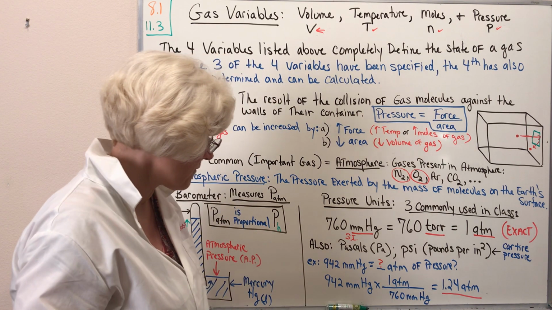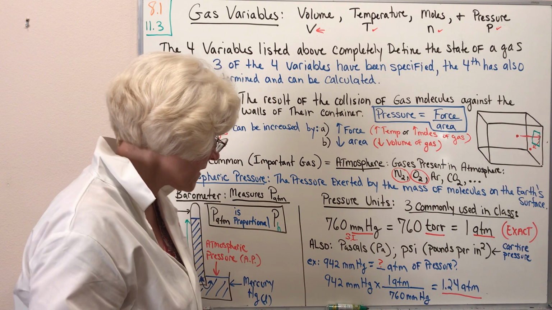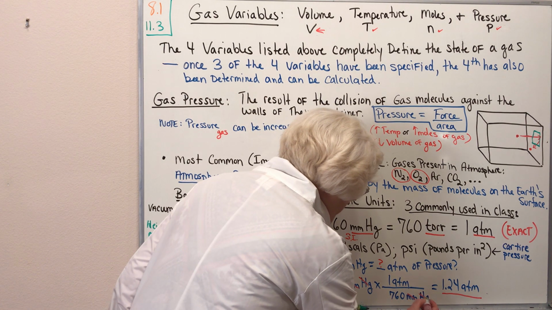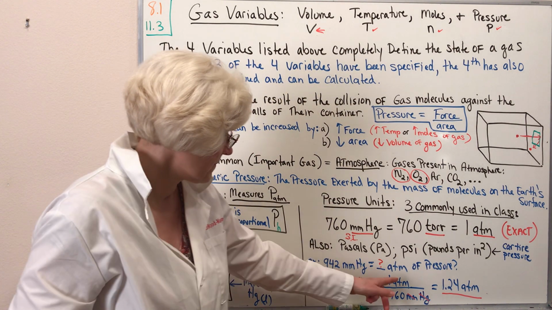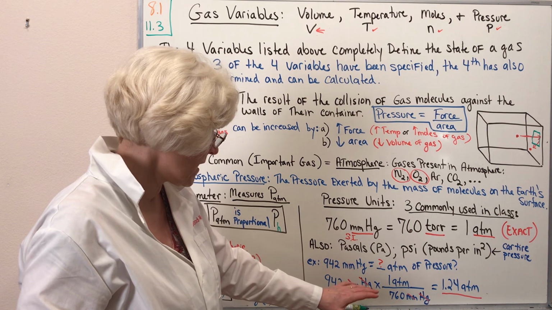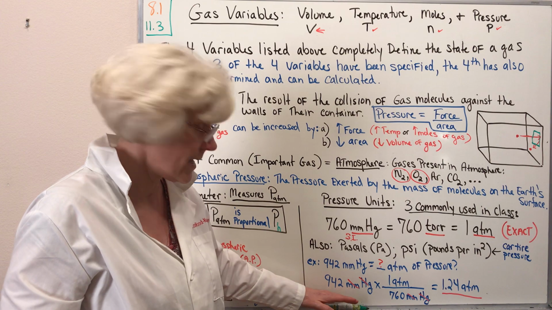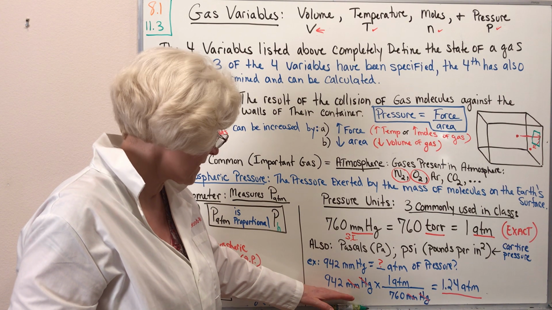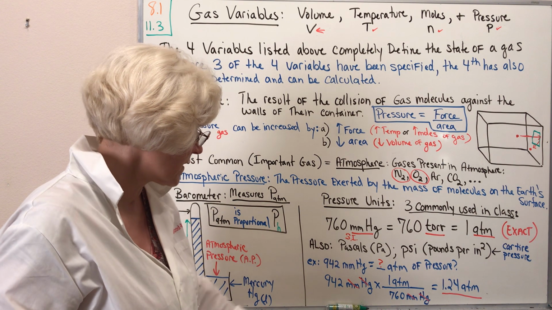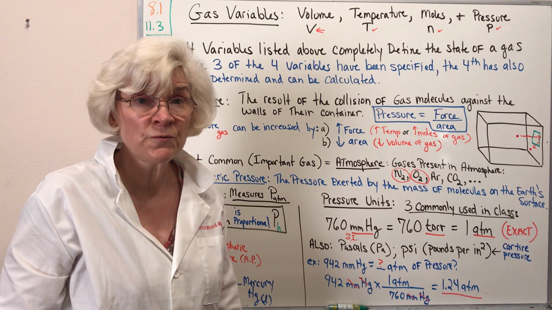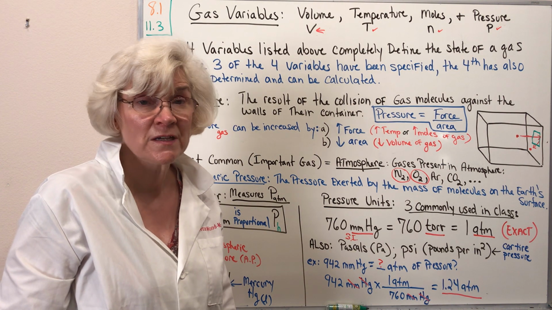Here is my conversion factor. 1 atmosphere to 760 millimeters of mercury. Millimeters of mercury units cancel. I'm left with an atmosphere unit. This conversion is exact, so sig figs correlate to the data that was given. 942 millimeters of mercury is equivalent to 1.24 atmospheres of pressure.